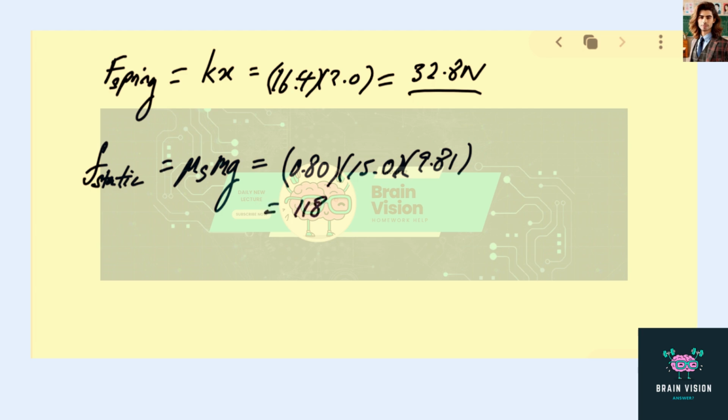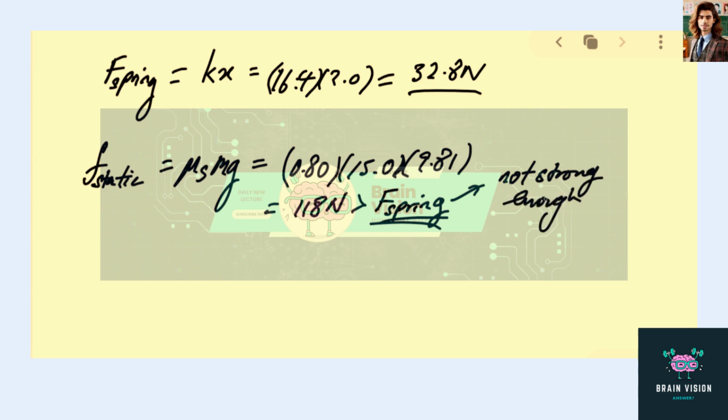We should get 1.8 newtons, which is greater than the force of the spring. And so this tells us that the force of the spring is not strong enough to push our stone to start moving. So the stone will remain at rest after it compresses the spring.